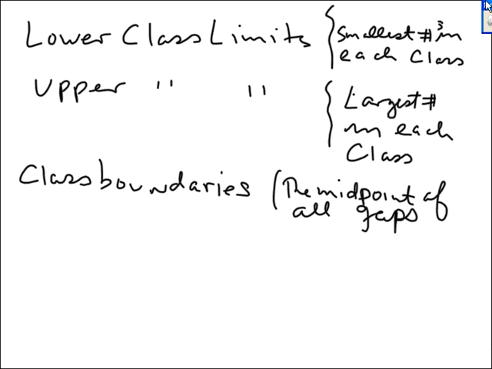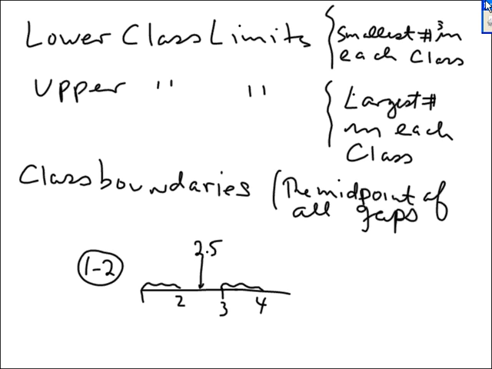We find the number in between them. Like if I'm thinking 1 to 2, and then there's a gap, and then it goes from 3 to 4. 2 to 3 is the gap, and we want the midpoint, the number right in the middle, which is 2.5.